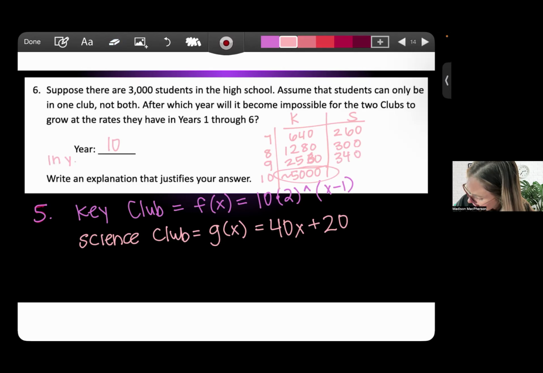In year 10, there would be more than 3,000 students in Key Club alone. So that's not going to work.